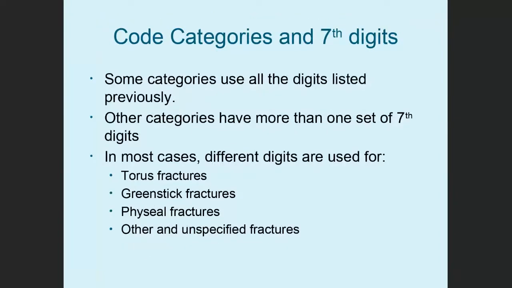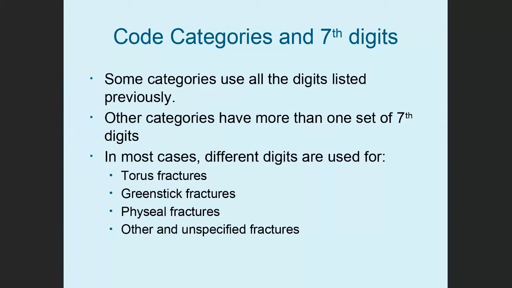Some categories use various 7th digits for code within the category. So you may have a set of digits and then somewhere in there within that category, the table of digits changes. Some categories use all those, other categories have more than one set.